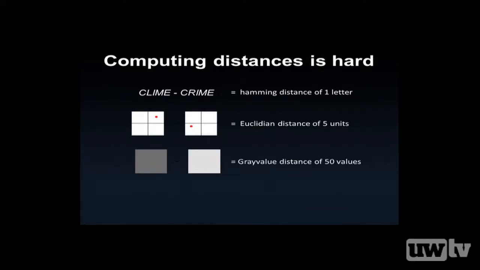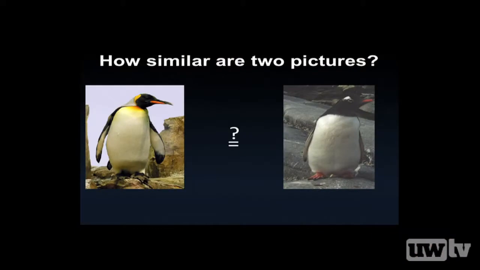If you have a dark pixel and a light pixel, that's not a problem either. You can just compute the difference between those two values. But what about this? What's the distance between that thing and that thing? Nobody knows.